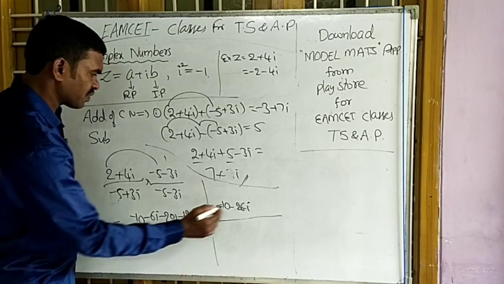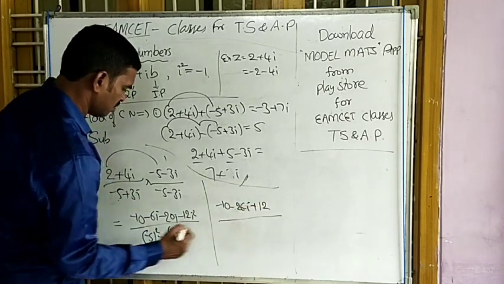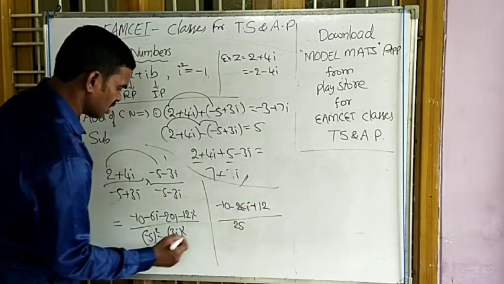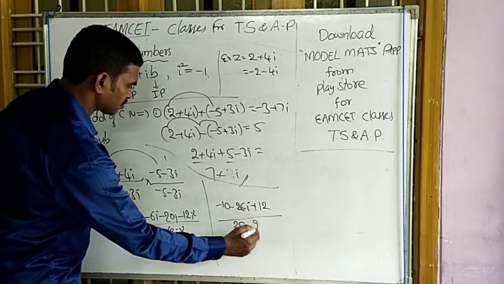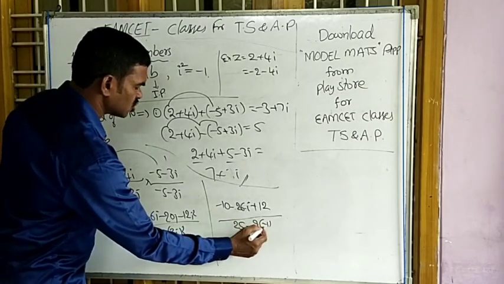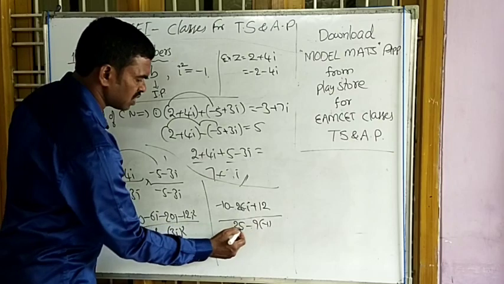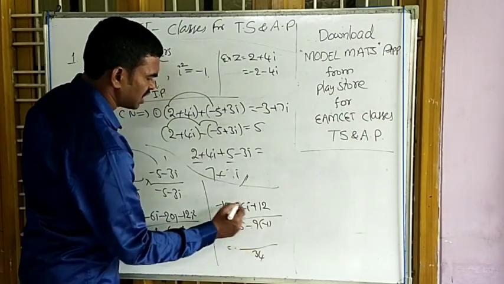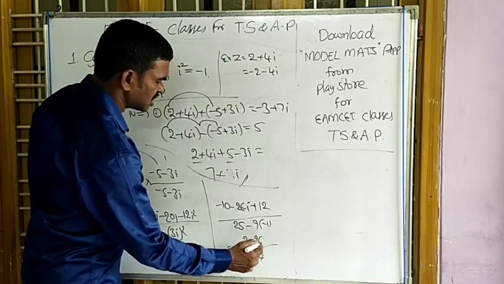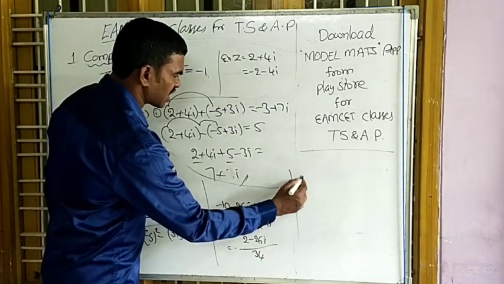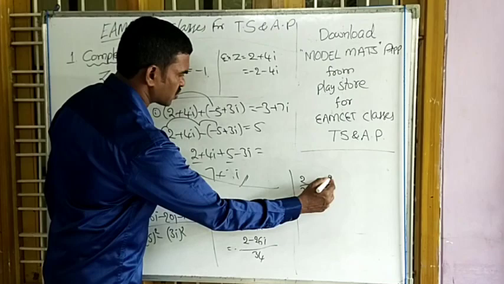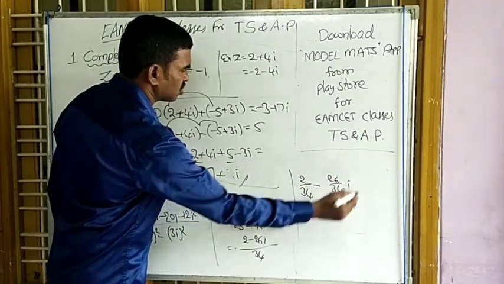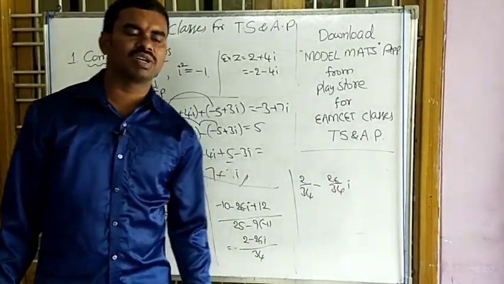Denominator: -5 whole square is 25, 3 square is 9, I square is -1, so -1 into -9 plus 9, plus 25, 34. Minus 10 plus 12 is 2, minus 26i. So simply we can write 2 by 34 minus 26 by 34i. This is the way of doing the division of complex numbers.